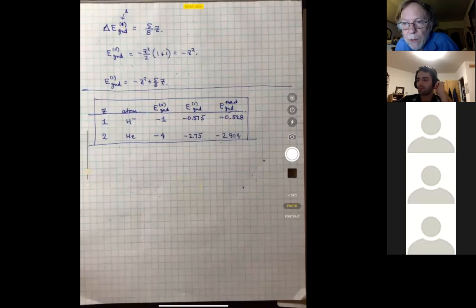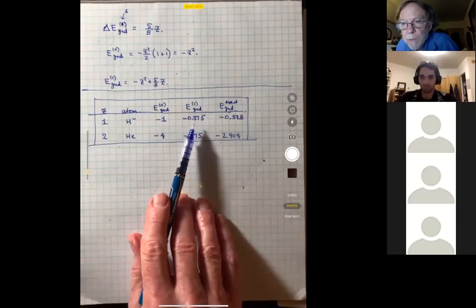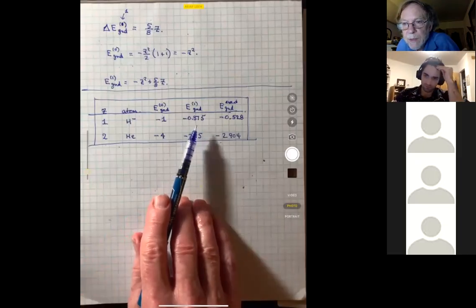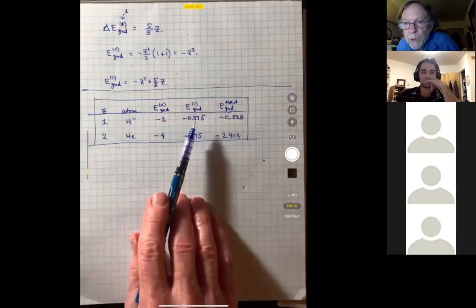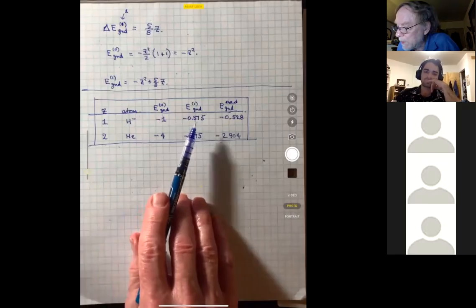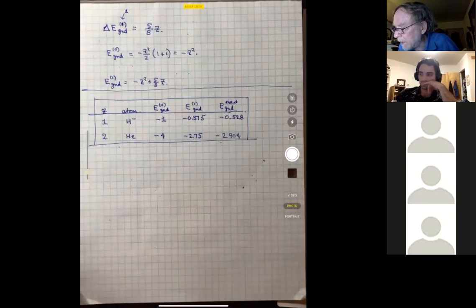But we didn't do that because the continuum threshold is at -0.5 and our estimate is above that. So as theorists here, we have failed to prove that H minus exists as a bound state because our number wasn't low enough. All right, so that's something to keep in mind.